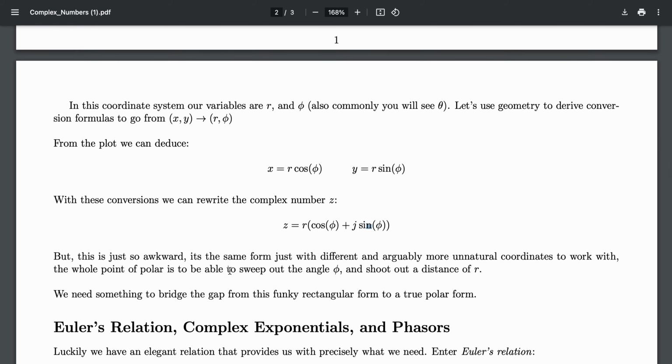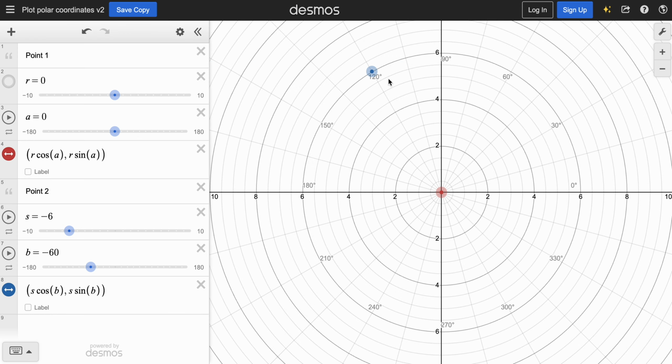So what I mean by this sweeping out and shooting r, we have this little example here where, if I want to describe this blue point in Cartesian coordinates, I would say it's some distance in the x direction and some distance in the y direction. But the whole idea behind polar coordinates is instead of doing that x and y stuff, why don't I say, okay, I want to go out a certain distance r, right?